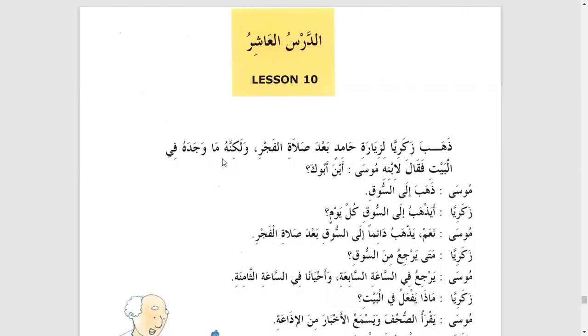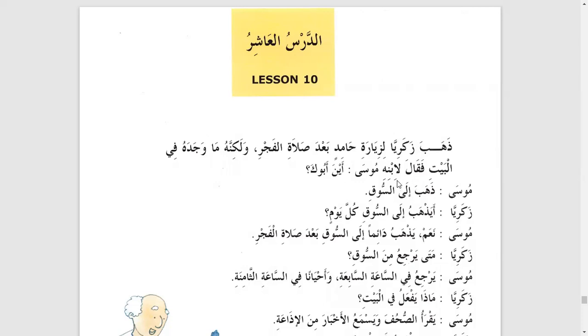Ma wajadahu. Ma is used here as khabaru Inna because ma is a noun. So here we can see that ma can also be used as a predicate because it's a noun. Ma wajadahu is a complete sentence. And ma here is also the negation of the past. Ma wajadahu fil bayti. He did not find him in the house.